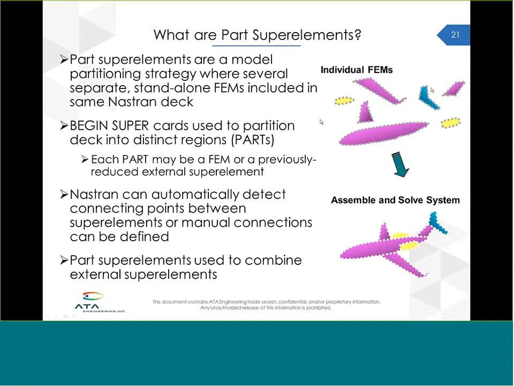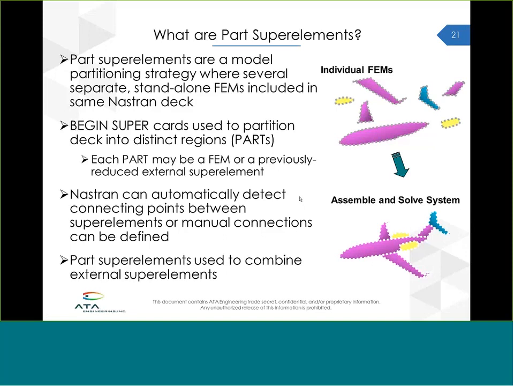And each of these pieces can be a detailed FEM with nodes and elements and materials, or it can be a previously reduced external superelement. What Nastran does to connect these superelements together is purely geometry based. It just looks for grids across superelements that are coincident within some tolerance.